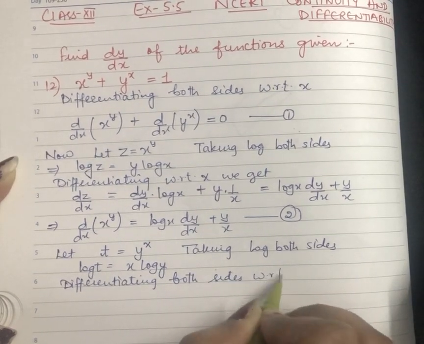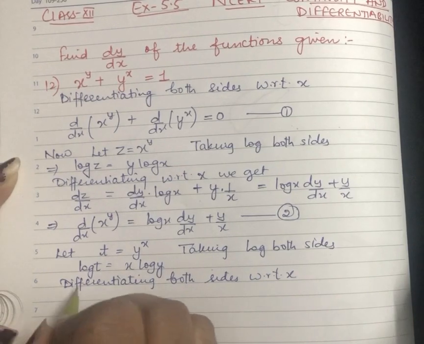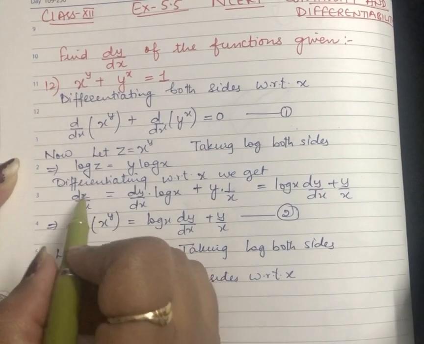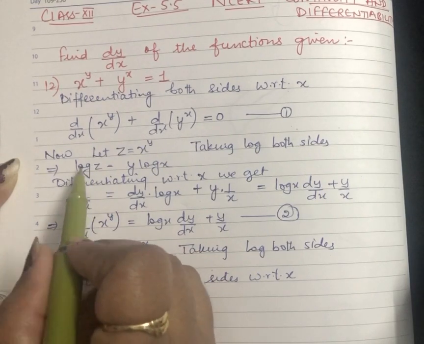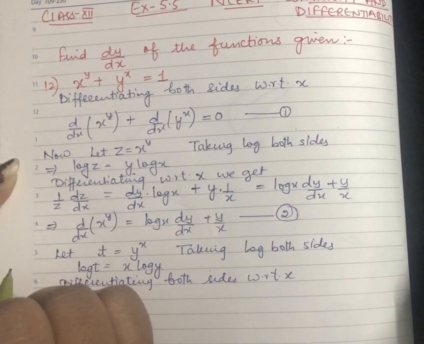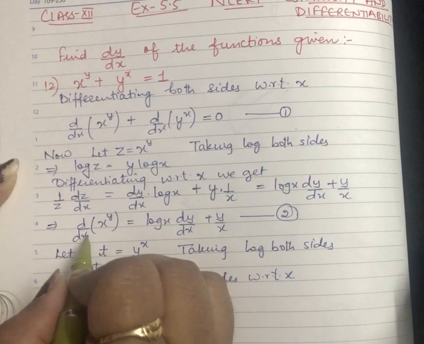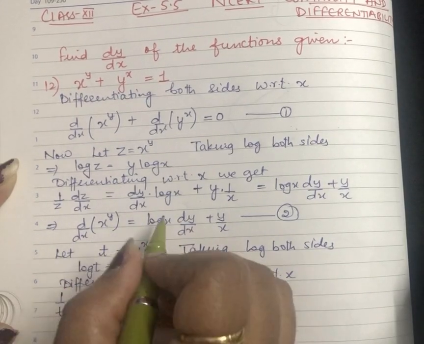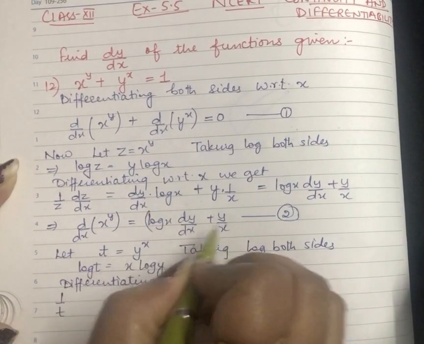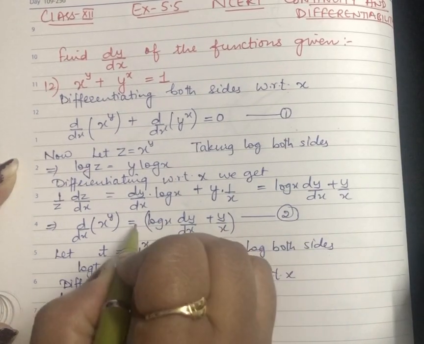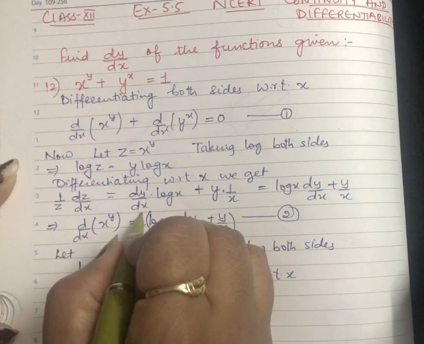with respect to x, what we get, 1 by t. Here there is some mistake, for log z, here it will be 1 by z dz by dx, so that we can write here d by dx of x to the power y, you have to write z here, and z is x to the power y.